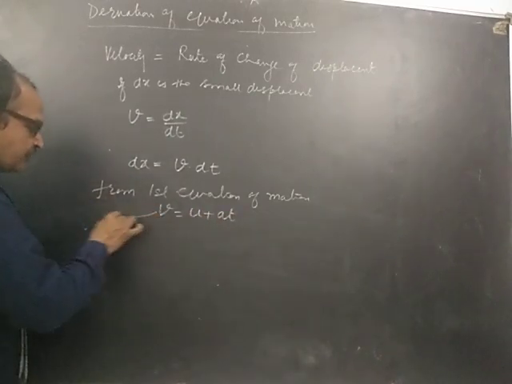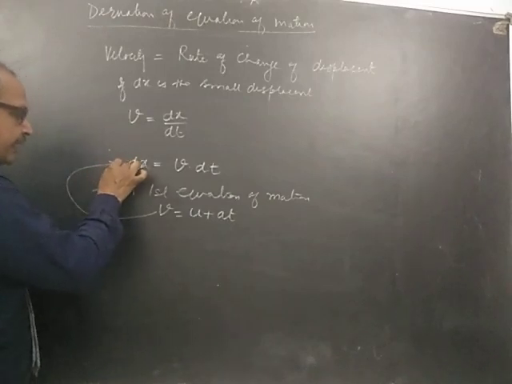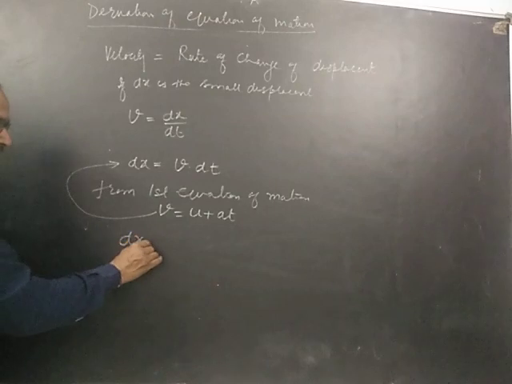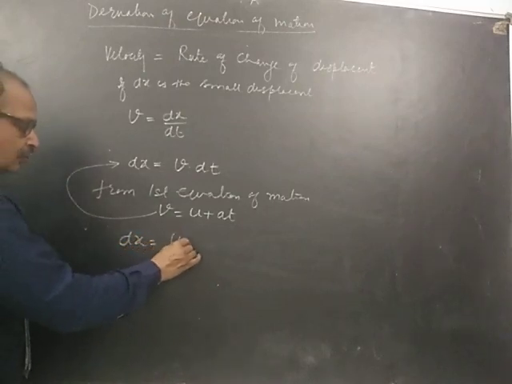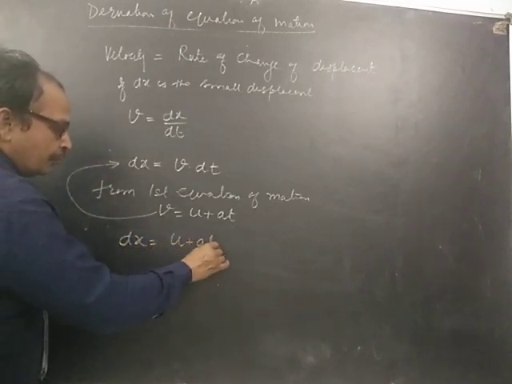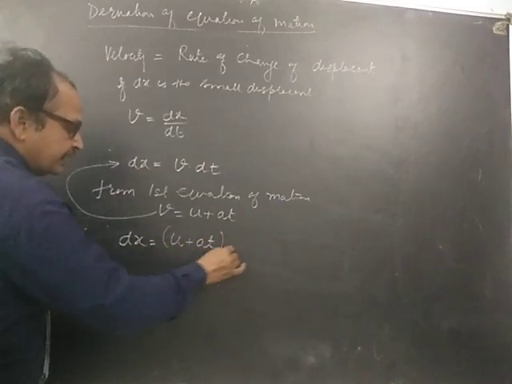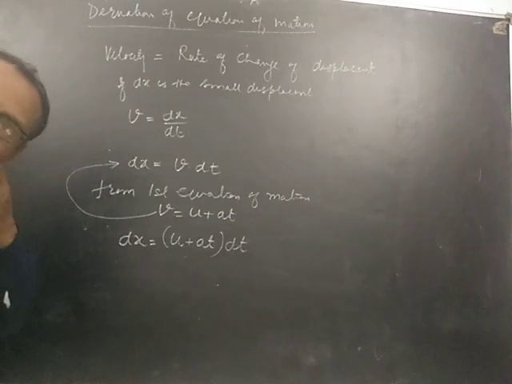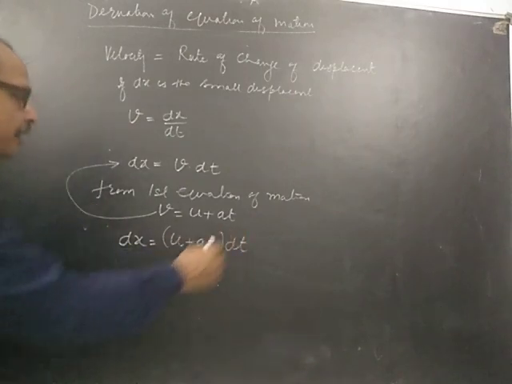So we put this value of V here, and we get dx is equal to (U plus AT) into dt. Is it clear, my dear friends? So let us open it up.